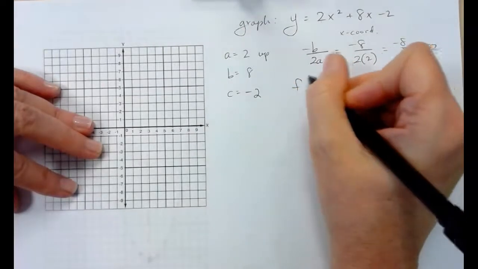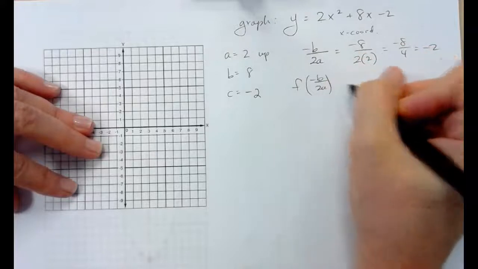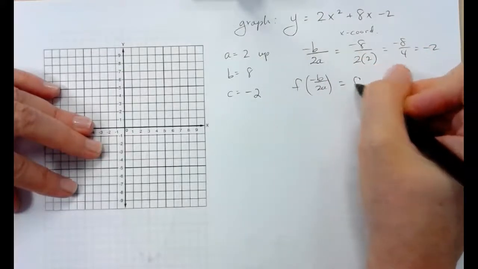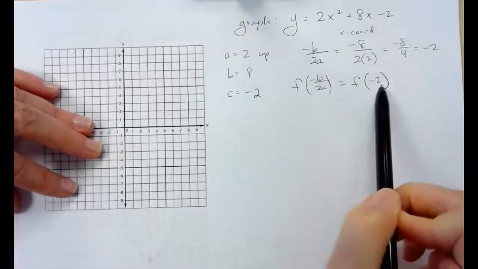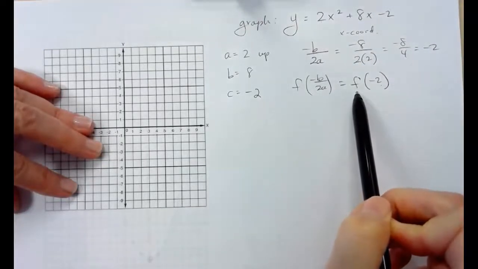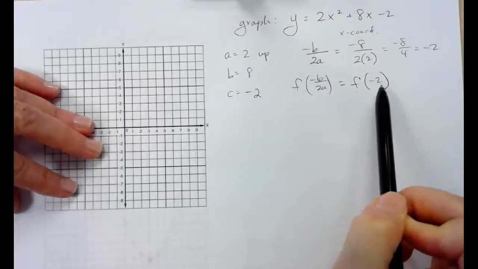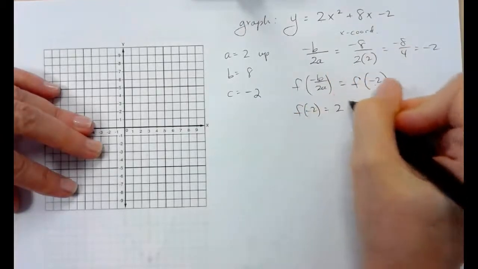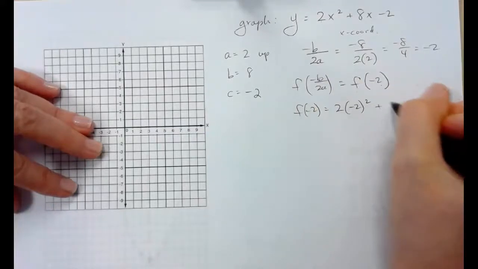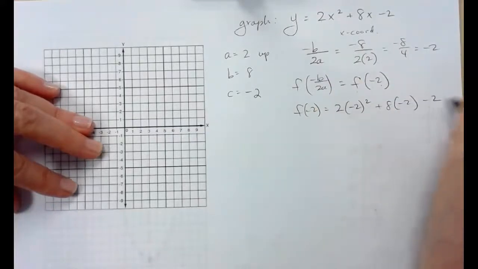Well, it says f of opposite of b over 2a. So that means we need to find f of negative 2. We're going to evaluate the function when x equals negative 2. So f of negative 2 is 2 times negative 2 squared plus 8 times negative 2 minus 2.